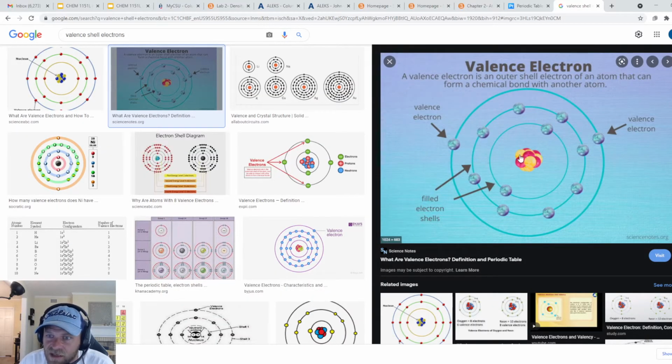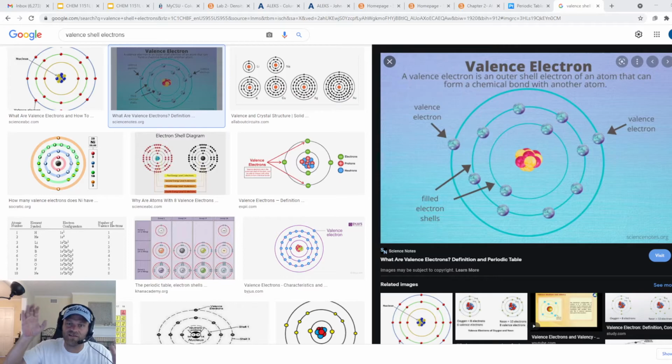This one looks good. So the outermost shell that we've been talking about, how the electrons fill up on these little shells, the outermost one is called the valence electron shell. All right, and those are the ones that get reacted with because those are the ones on the outside of the atom, right? We said that everything kind of forms this cloud. Well, the valences, depending on how many they are, will form a cloud on the outside that is slightly penetrable, right?